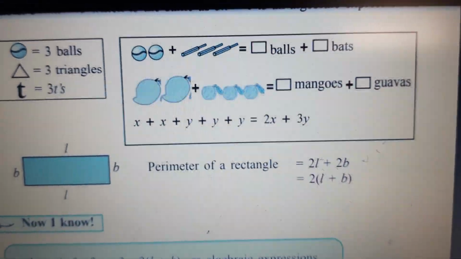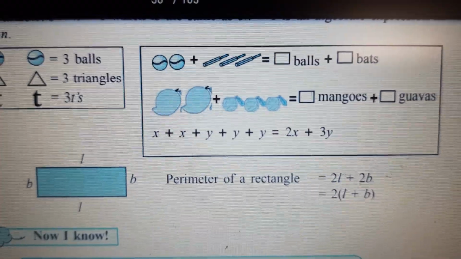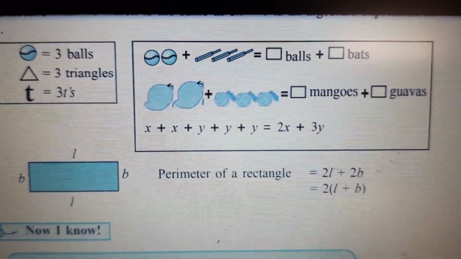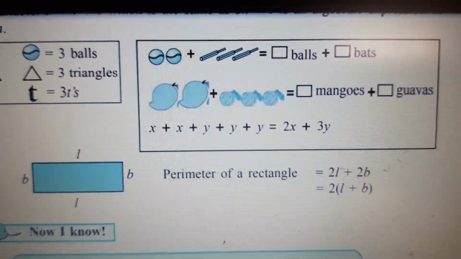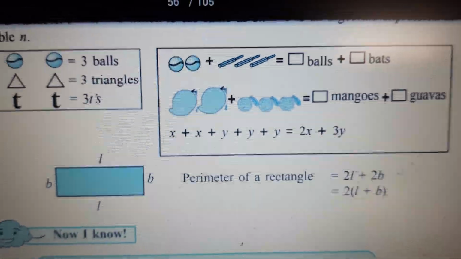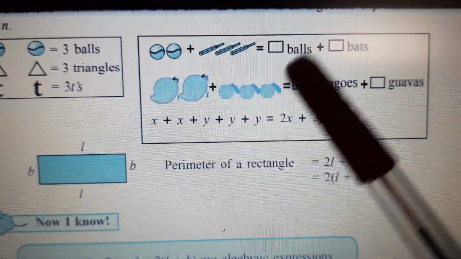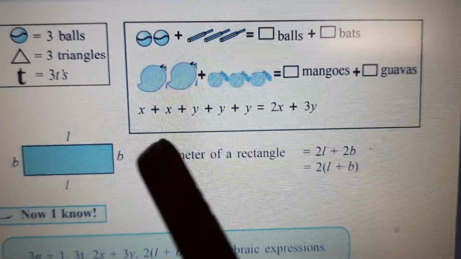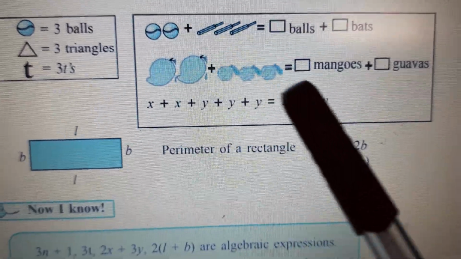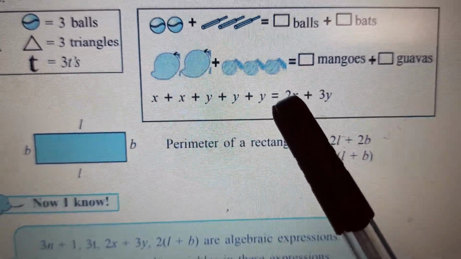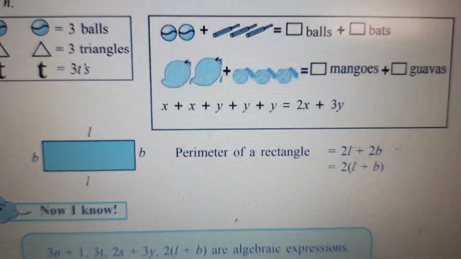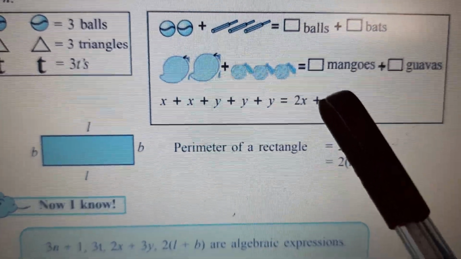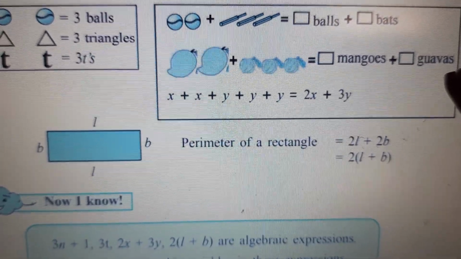Look at this side. You can see 2 balls plus 3 bats. So 2 balls plus 3 bats, right? So this plus is separating the balls and the bats. Here you have 2 mangoes plus 3 oranges, okay, or guavas. So 2 mangoes plus 3 guavas.